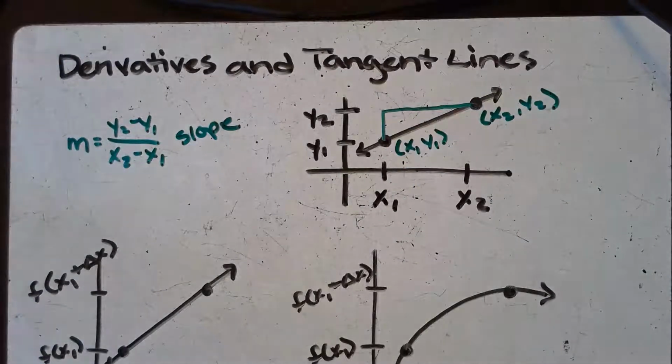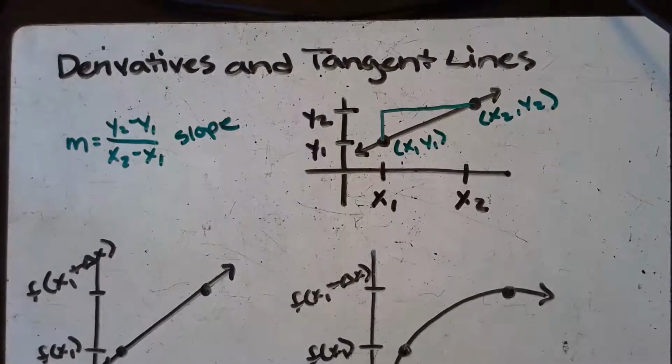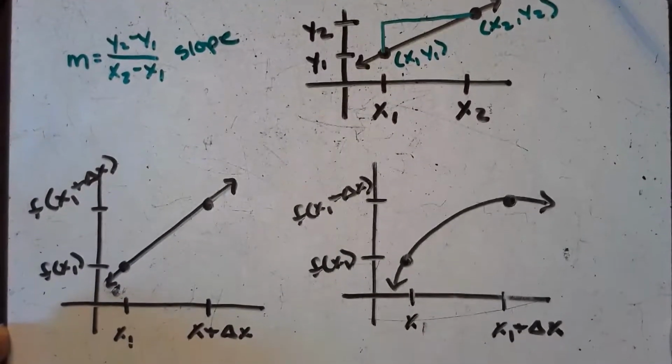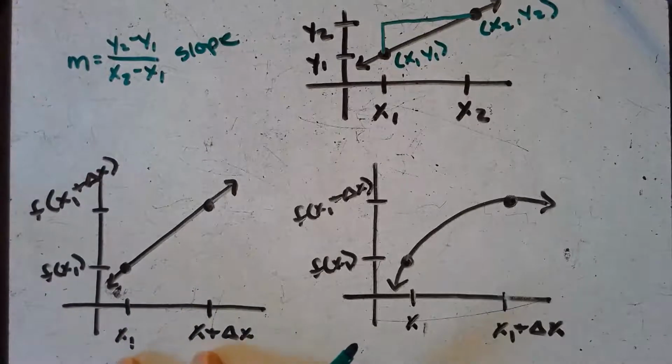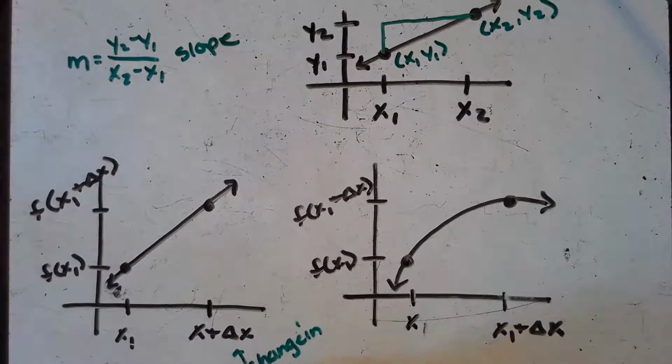All right, now let's change, and let's think about this next notation right here. Okay, what if I have this notation? I did it a little bit differently than I had right here. Remember, delta x means change in x. So basically what I'm adding to x1 to get this. All right, so let's think about the same slope formula.